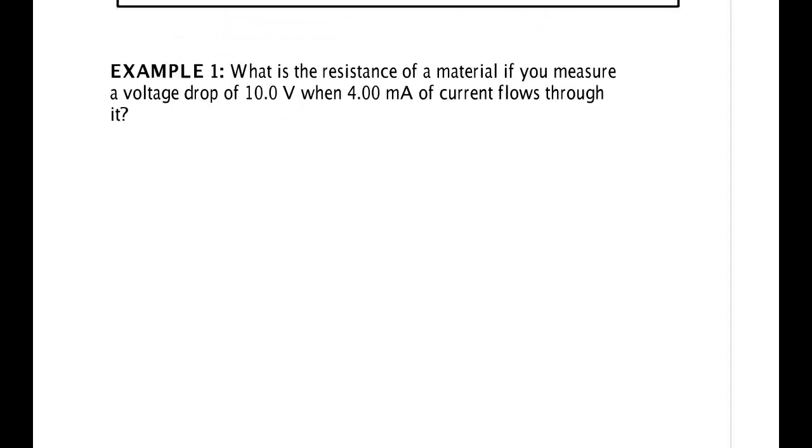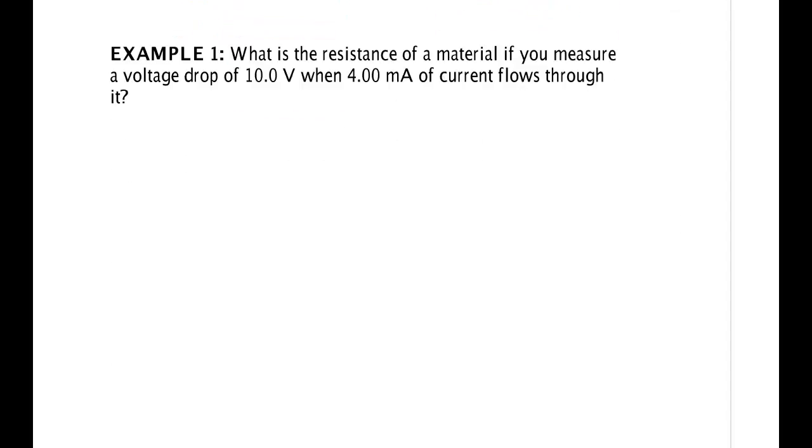As an example of one of these problems, they ask you, what is the resistance of a material if you measured 10 volts of drop when you had 4 milliamps of current flowing? So I'm going to assume that I chose my voltage here at 10 volts, and my current going into this is 4 milliamps.